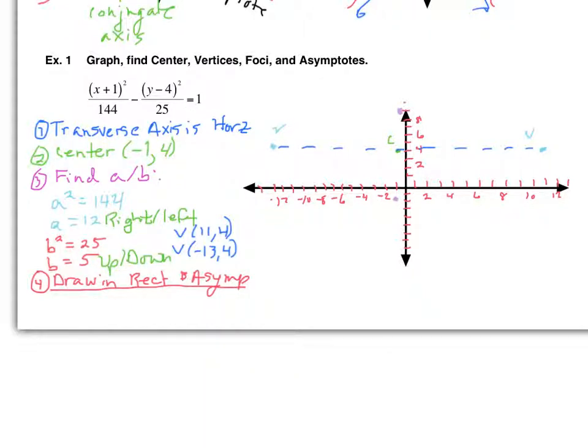So I know that I have a corner here to my rectangle, and I know down here at 11, -1, I'm going to have another corner, and at -13, -1, I'm going to have a corner, and at -13, 9, I'm going to have a corner. So using a straight edge, of course, you're using a straight edge, right?